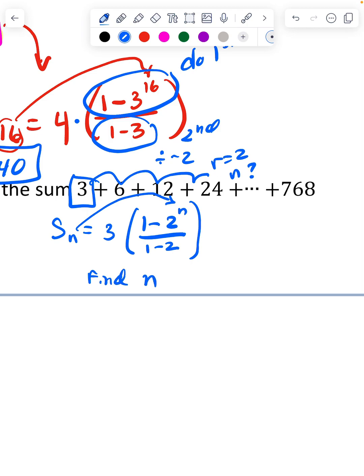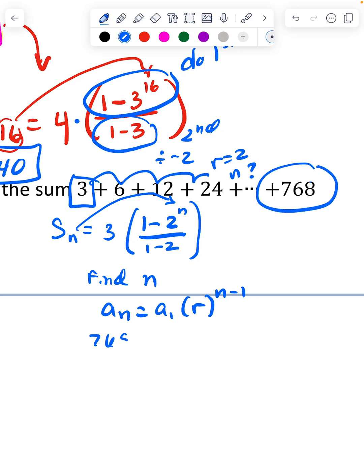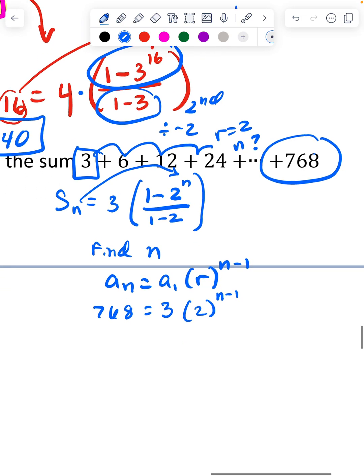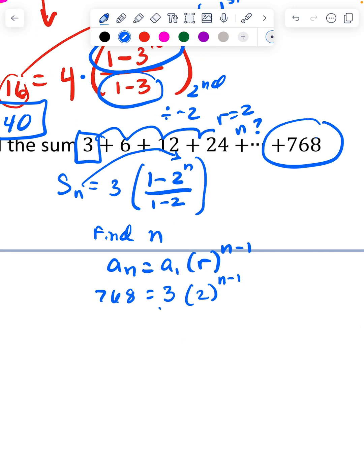So you have to use the other formula again. You would use your term equals first term, common ratio, however many times you need it. So to get from 768, starting at 3, using a common ratio of 2, I'm trying to figure out how many times I used it, my n.